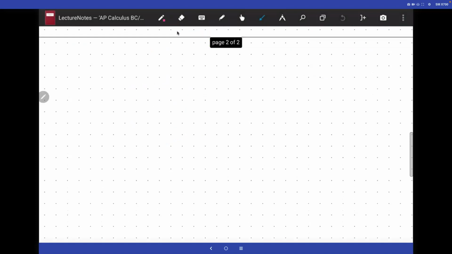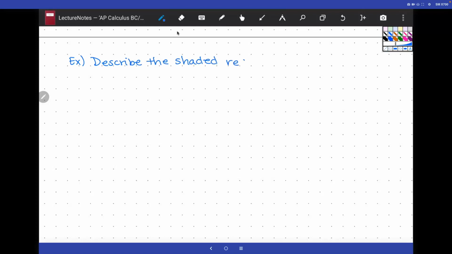I'm just going to give a couple of pictures here, and what we want to do is describe the shaded region using inequalities with r and theta. So we'll just do 2 quick examples.